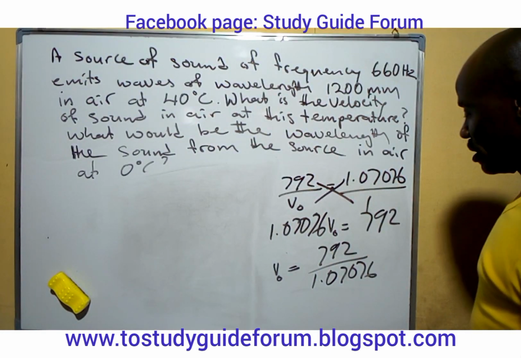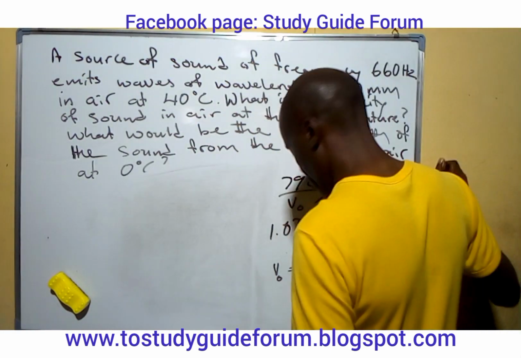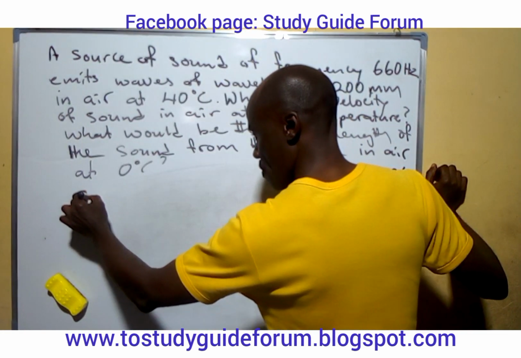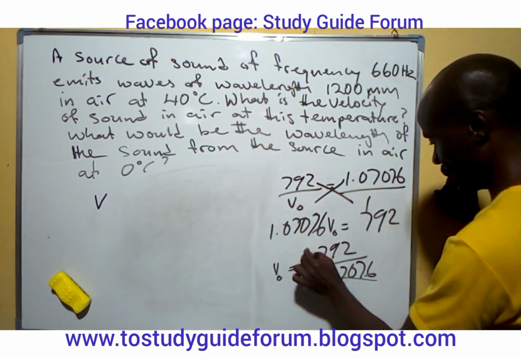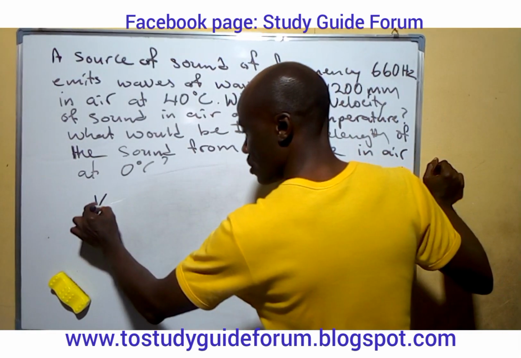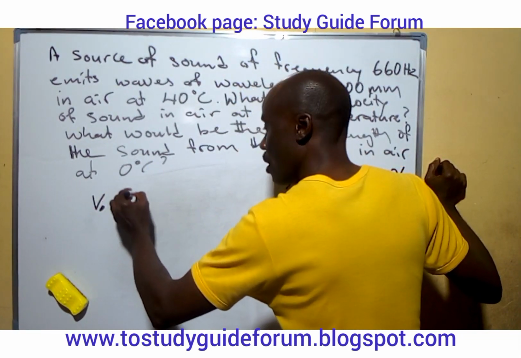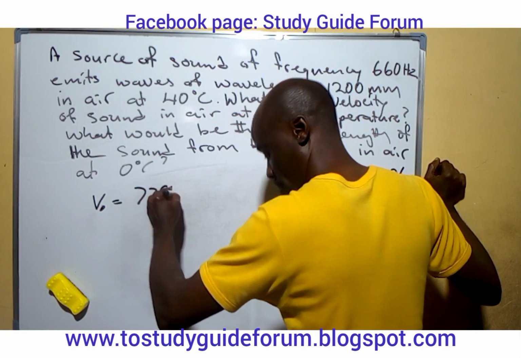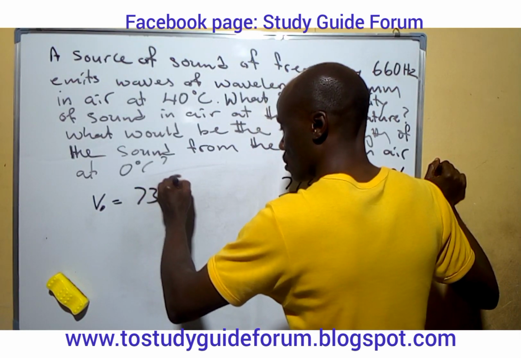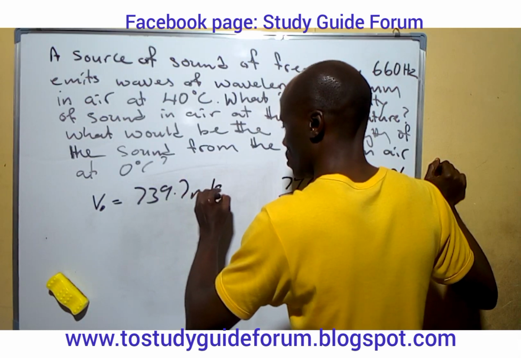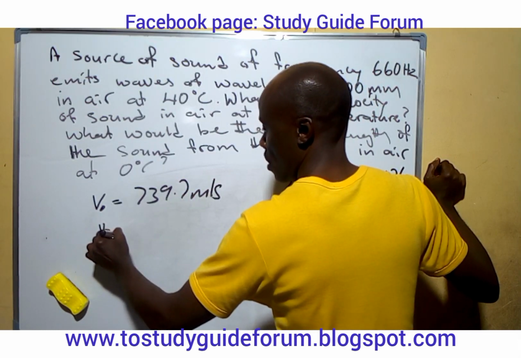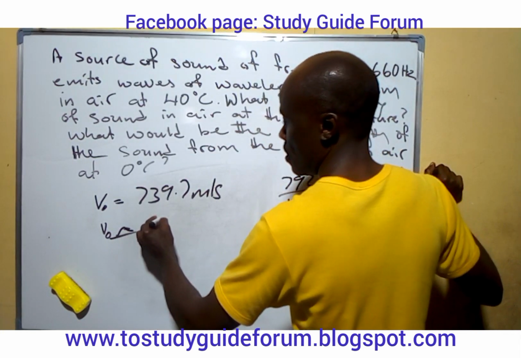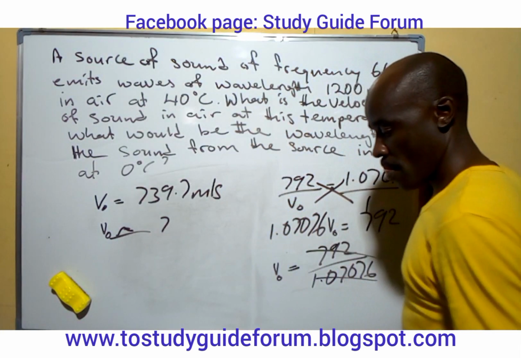When we divide it, we have our V0 to be equal to 739.7 meter per second.